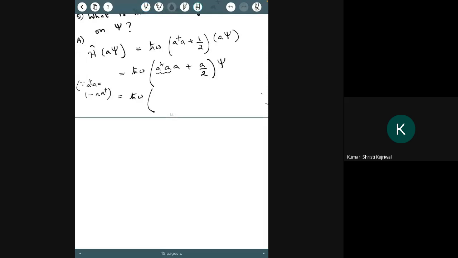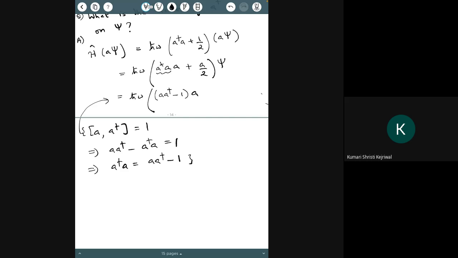Oh sorry, this will be the reverse then. So we have a a dagger commutator equal to 1. a a dagger minus a dagger a is equal to 1. So a dagger a is equal to a a dagger minus 1.